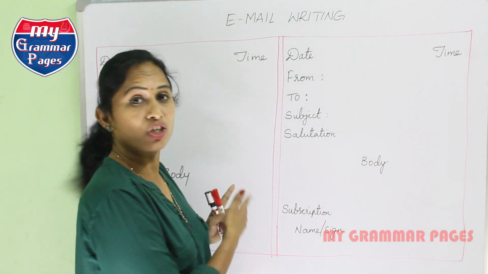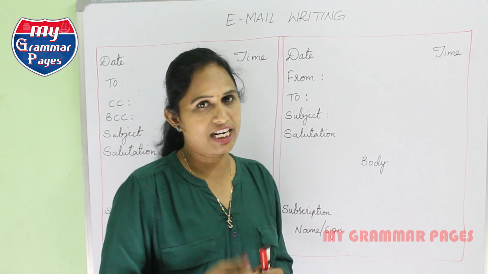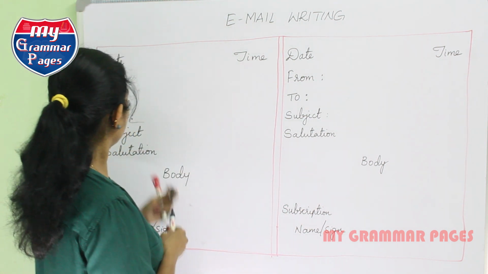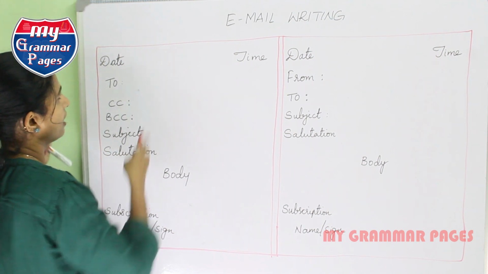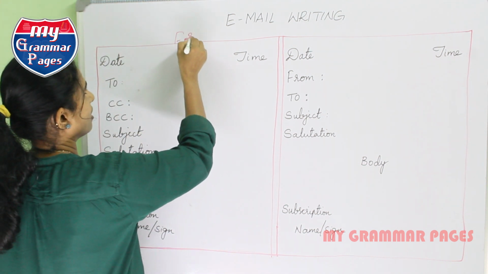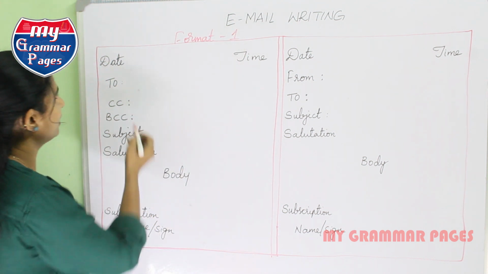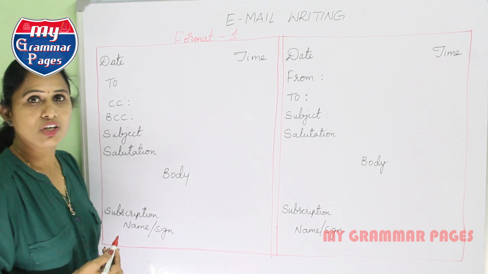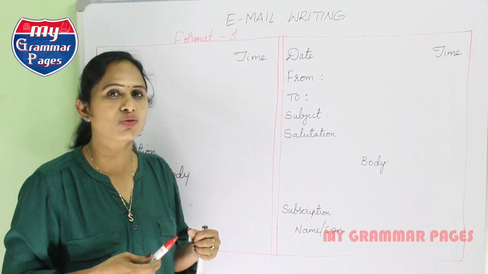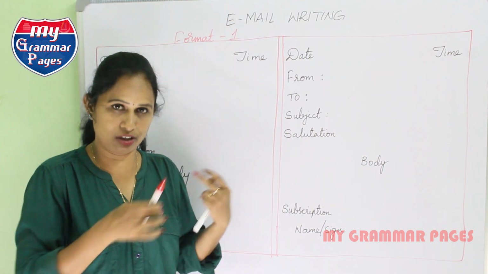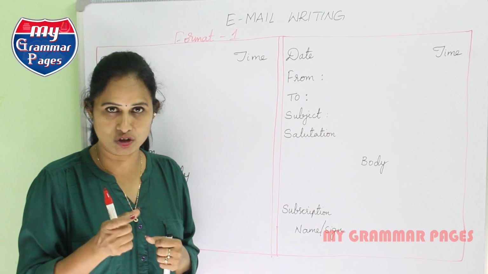So here I'm going to show you the two formats of writing an email. The first format to discuss, format number 1. Here we have written the date. From my first class onwards, I have already shown you a number of discourses for class 10 students, and in all of them I have shown you the pattern of writing the date.